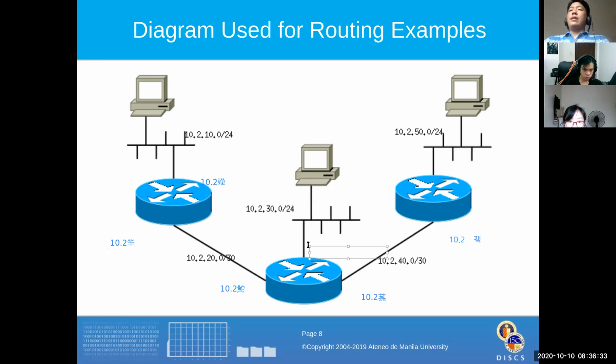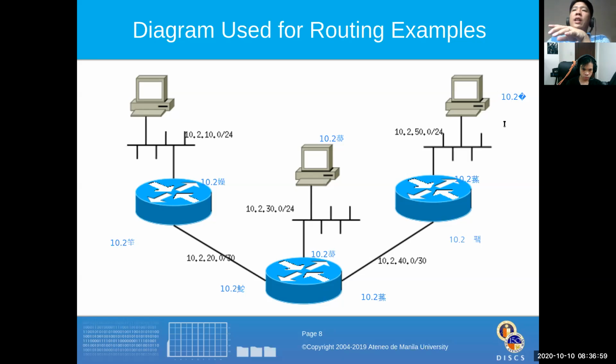This interface here is in network 10.2.30.1. This computer, I can give 10.2.30.2. This one is 10.2.50.1. And I can give this guy 10.2.50.2. So I can give them specific interfaces.